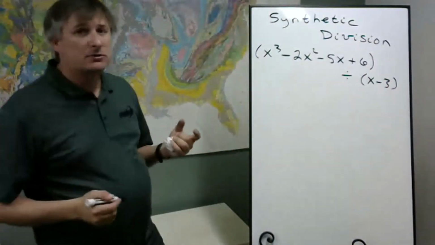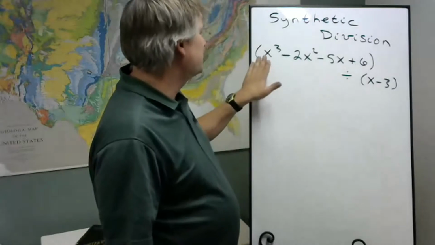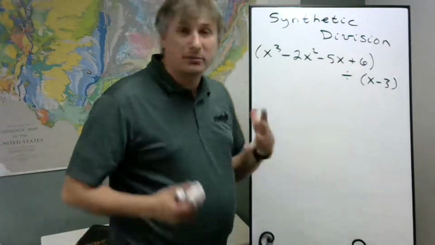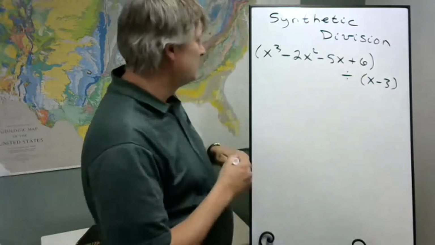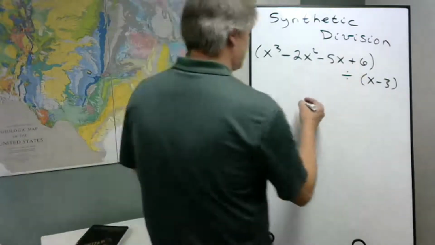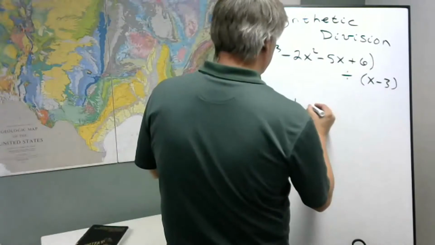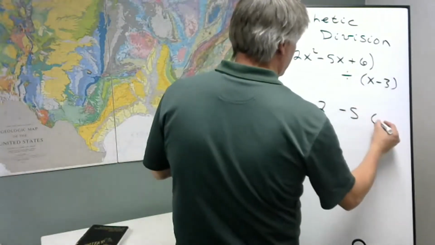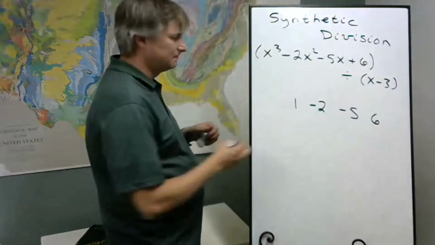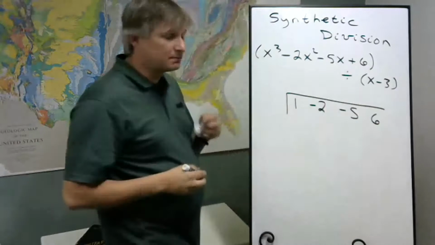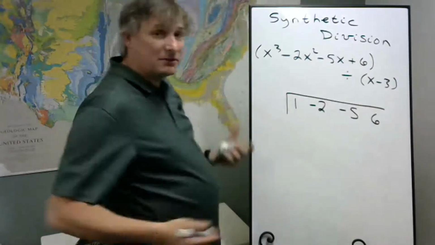So the first thing we're going to do for synthetic division is we're going to extract the coefficients and the constant term if there is one. So if we extract the coefficients and the constant term, we get 1, minus 2, minus 5, and 6. And we're going to set it up like we're doing long division. So that's our first step.